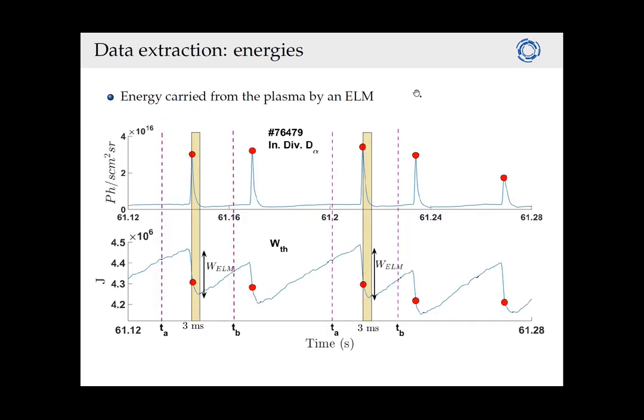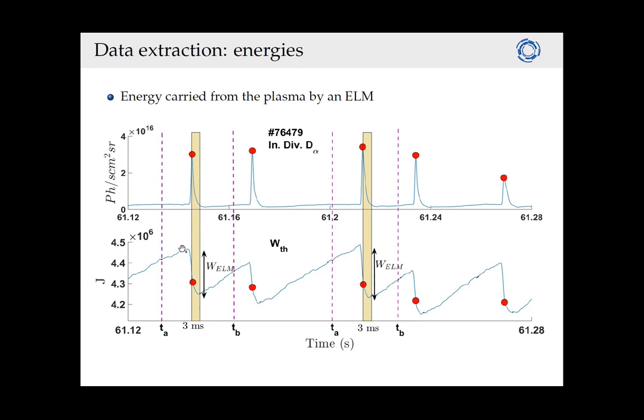And then the second quantity that we are going to look at is the energy that is typically carried from the plasma by an individual ELM. And one way to measure that energy is by looking at a magnetic signal that gives you an estimate of the stored energy in the plasma.